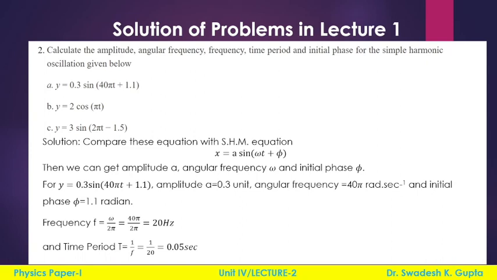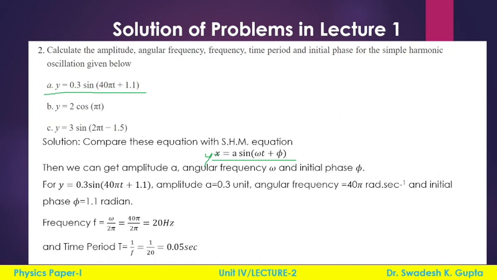Now for the second one. In the first equation, if we compare it with the simple harmonic motion equation, here it has chosen y, so we can also choose y here in place of x. So y is equal to a sine omega t plus phi.